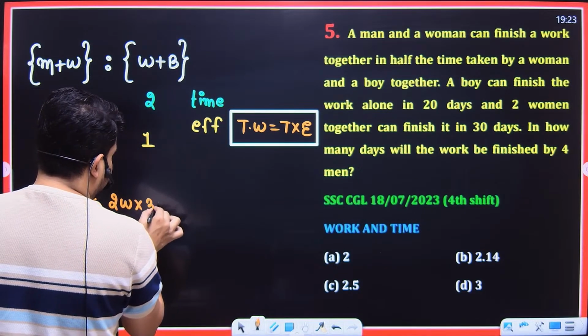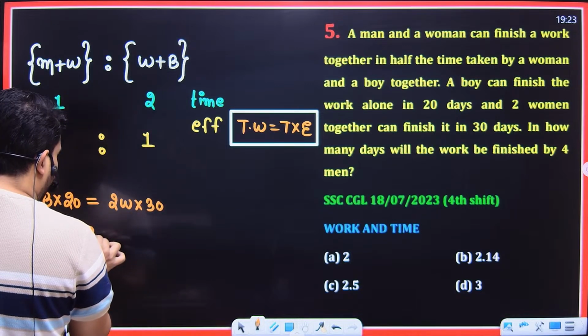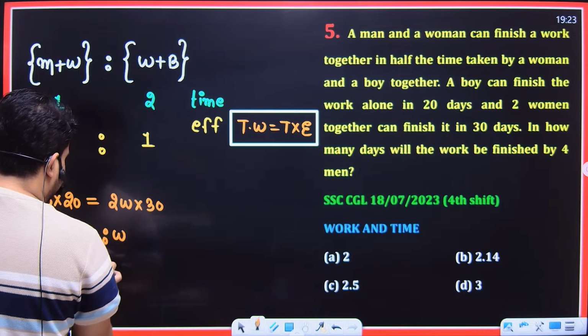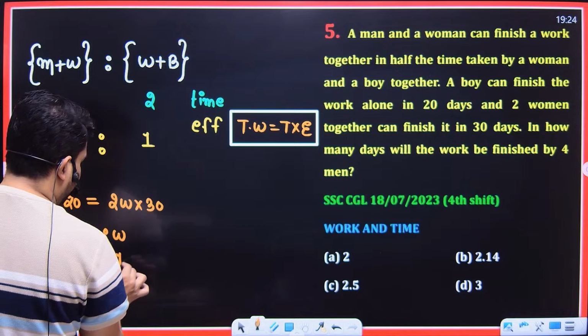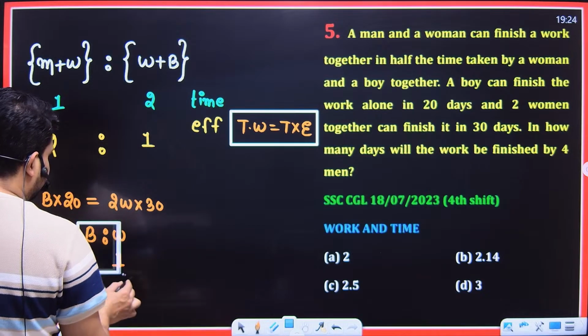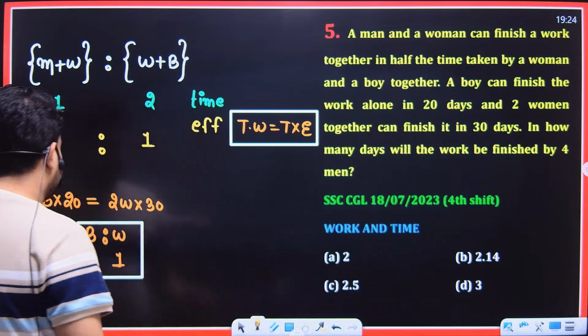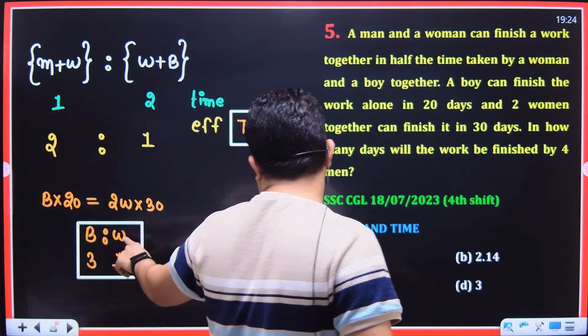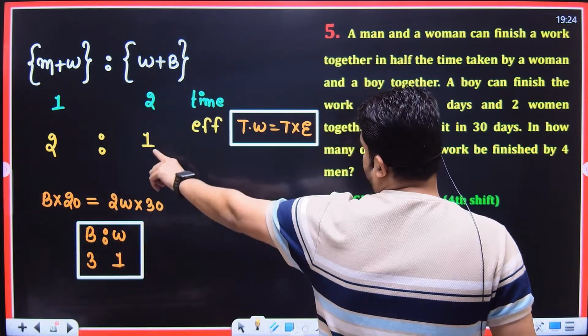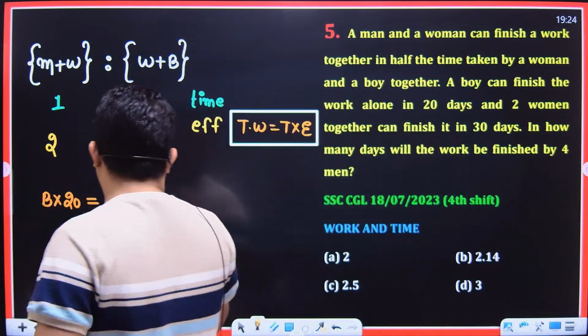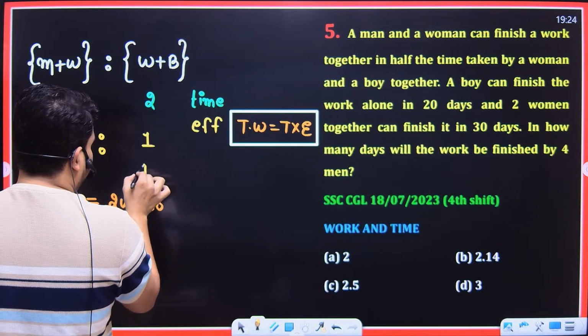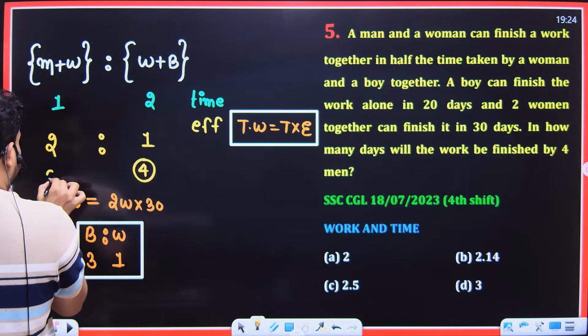So I can write the ratio of a boy and a woman as 3:1. If I add them, 3 plus 1 is 4, but here it is 1, so I multiply by 4. If this one is 4, then this one is 8.